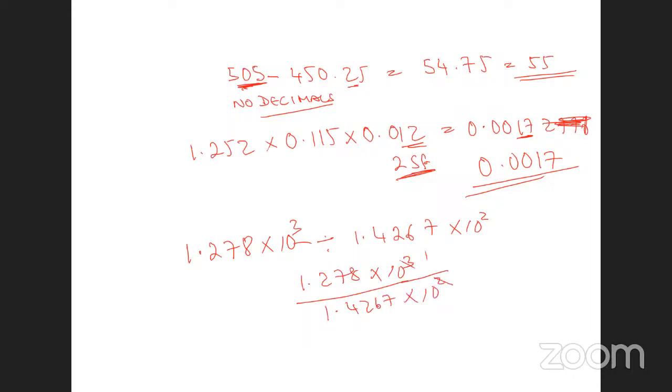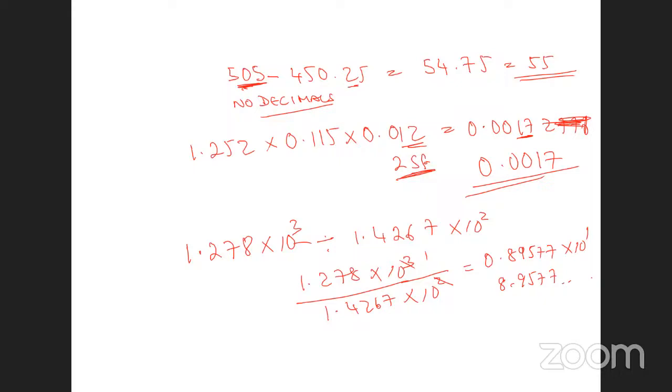So let us divide 1.278 by 1.4267. I get the answer 0.89577, times 10 to the power 1, right? That means 8.9577 and so on.